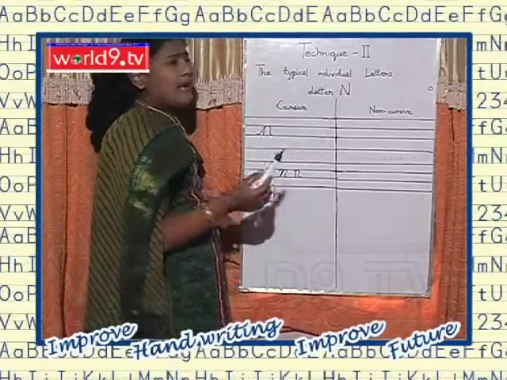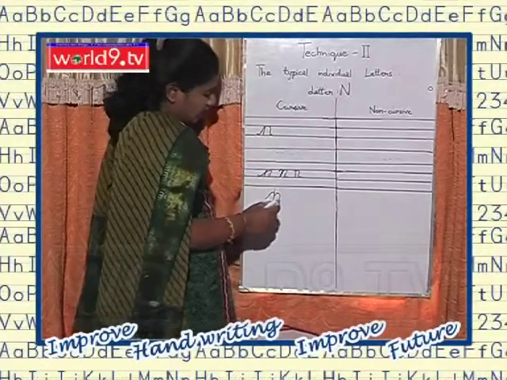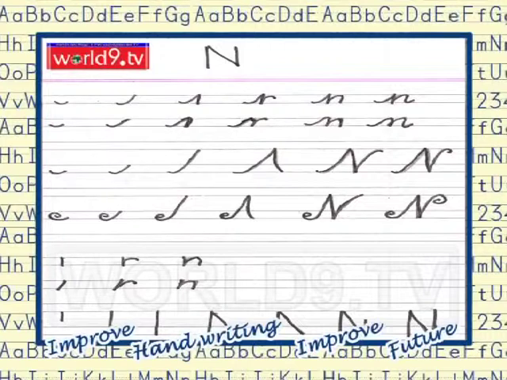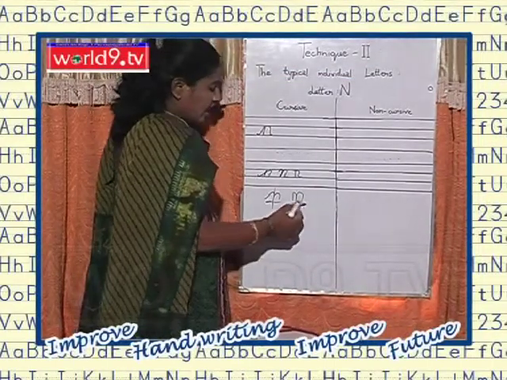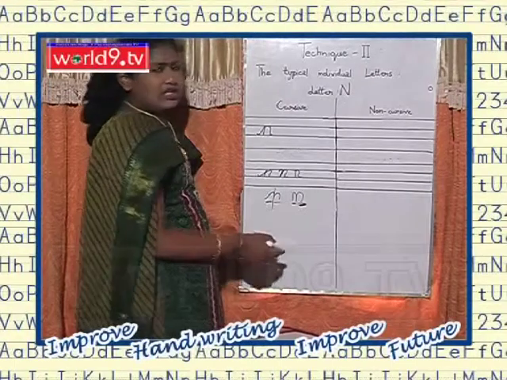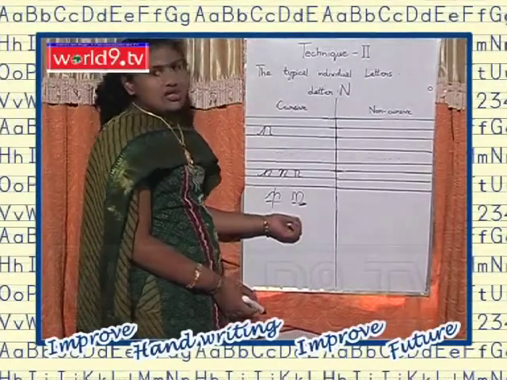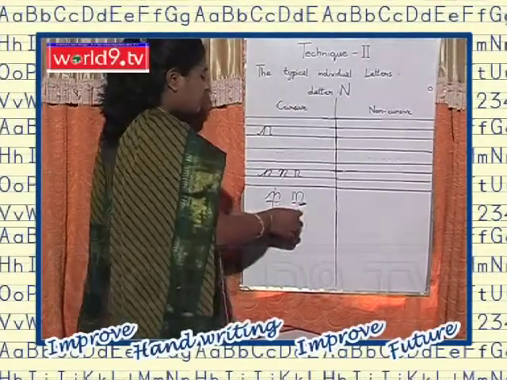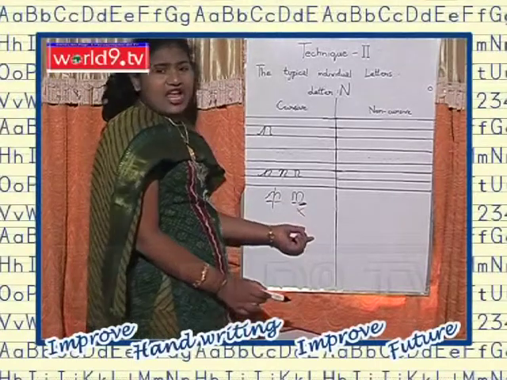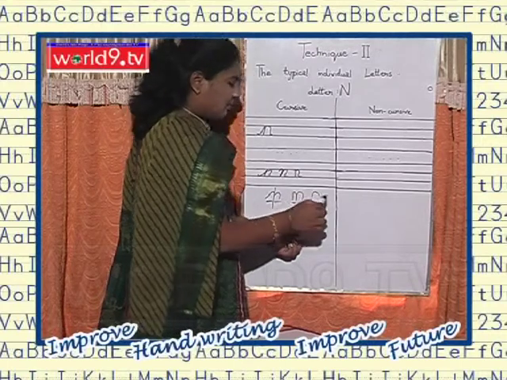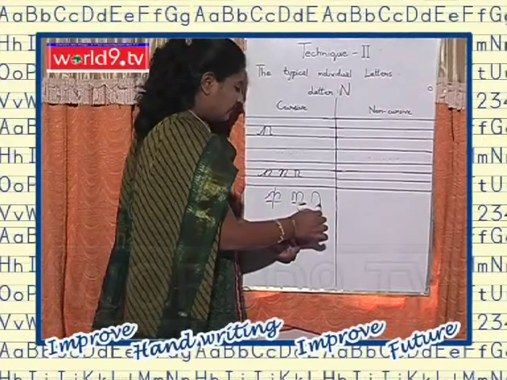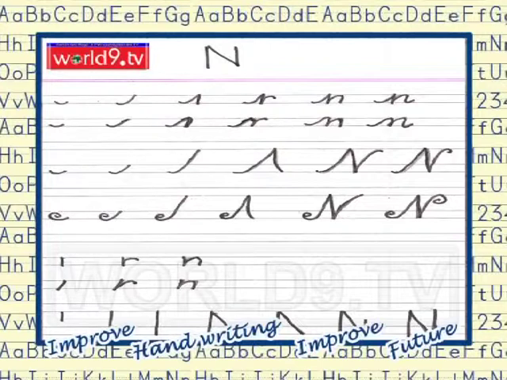Some members will write N like this also: here a thin arch and here a fat arch, a double size arch and a half size thin arch, and this is also a wrong method, and it also looks like M. And some people write like this also: first only a fat arch and later for N a small arch.